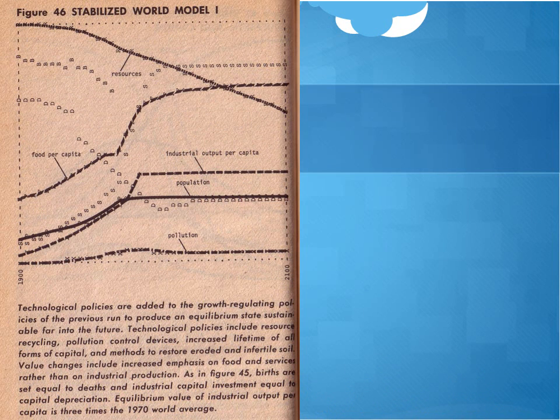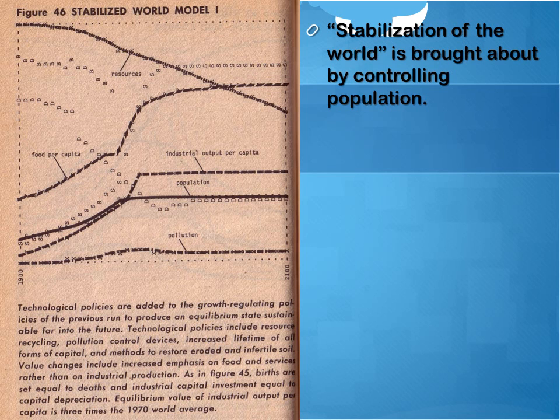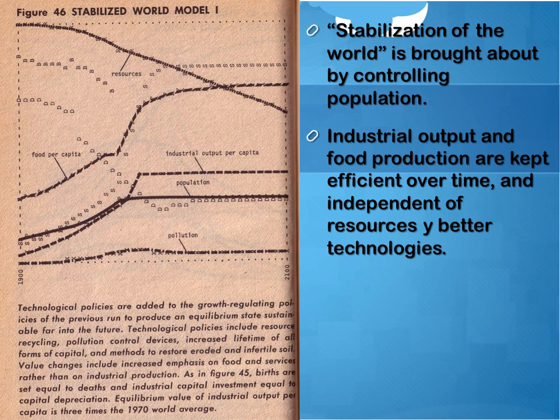Then they looked at what's called a stabilized world model, and again, stabilization is brought about by controlling population, which I think is completely unrealistic. And now industrial output and food production are kept efficient over time, independent of resources and with better technologies. So that's a piece of it.